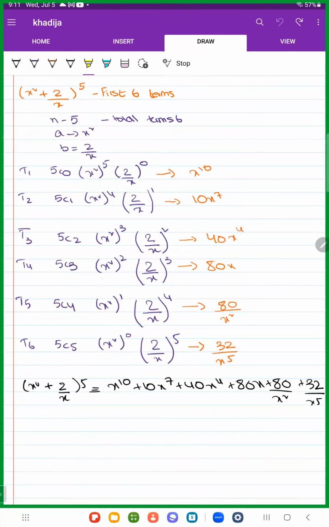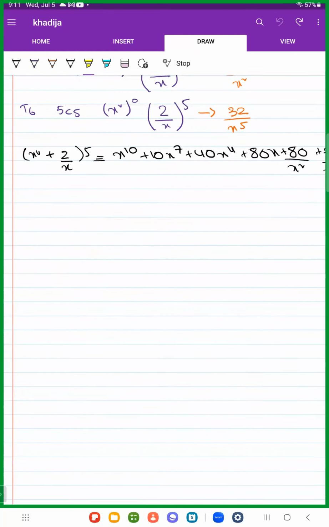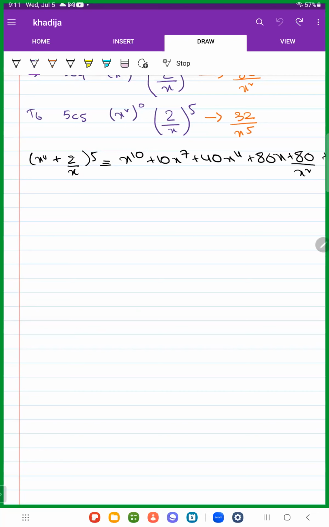So sometimes what they do is they will ask you to find out the particular term of an expression. So for example, they ask you to find the term of x to the power 9 in 2 plus x cubed, to the power 9.